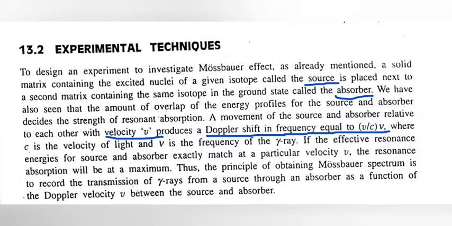In this transition, it emits a gamma ray, and the study of the gamma ray emission and its subsequent absorption is called Mossbauer spectroscopy. To detect the gamma ray transmission, the Mossbauer spectrometer is used.